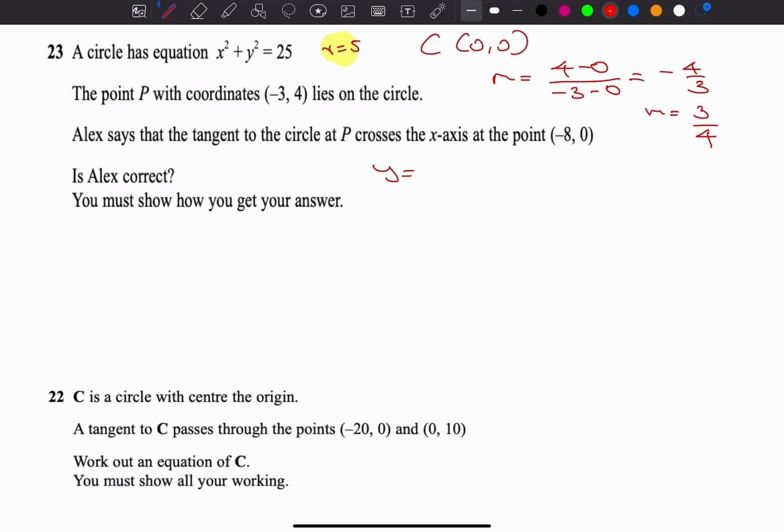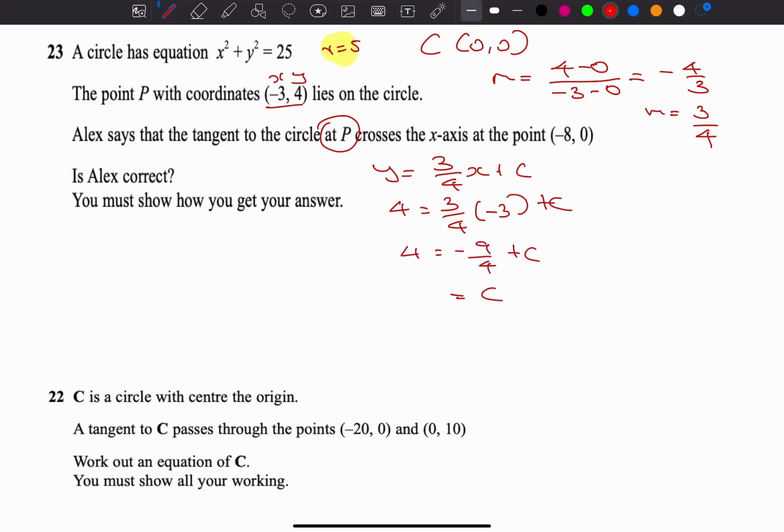Y equals 3 over 4x plus c, through the point P: y is 4 equals 3 over 4 times minus 3, which is minus 9 over 4, plus c. C is 4 add 9 over 4, which gives you 25 over 4.